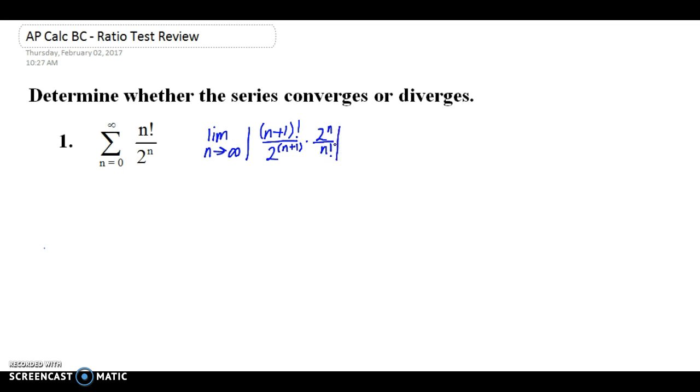And before we evaluate this limit, we simplify it.